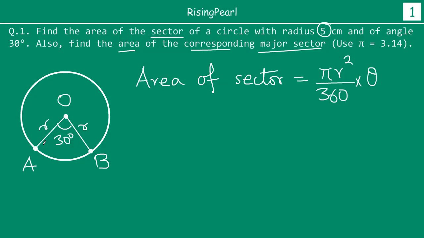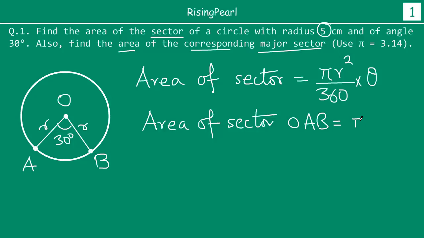So area of sector OAB will be equal to pi. R is given as 5. So pi 5 square divided by 360 multiplied by angle, which is 30 degrees.